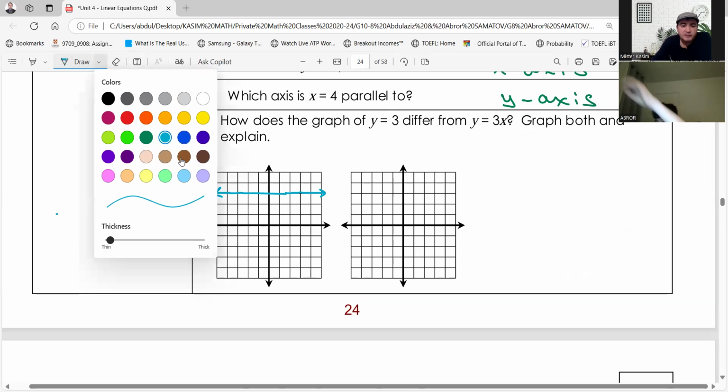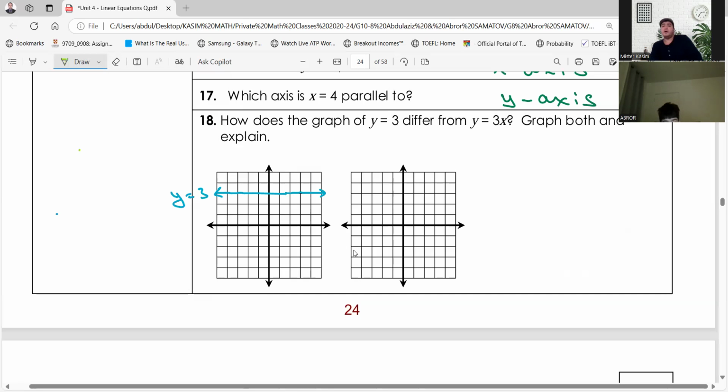Now how about if we draw the graph of the second one, y is equal to 3x. How do you draw this? One way is to make a table quickly. This is x and this is y. When x equals, let's say, -1, y is -3. When x is 0, y is 0. When x is 1, y is 3, right? Three points would be enough.